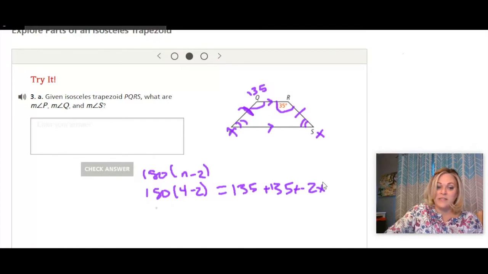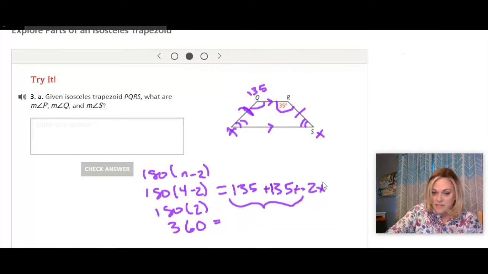And when I do this, 180 times 2, and again, this is the interior angles of a 4-sided polygon, I get 360. So I know that these have to total 360. So go ahead and combine these like terms. That's not a negative, that's just an extension of the addition sign. And try to solve for x. And when you get x, that will find these 2 base angles.